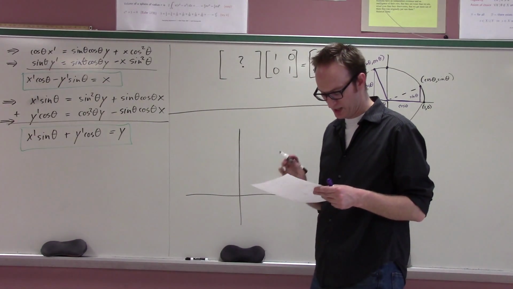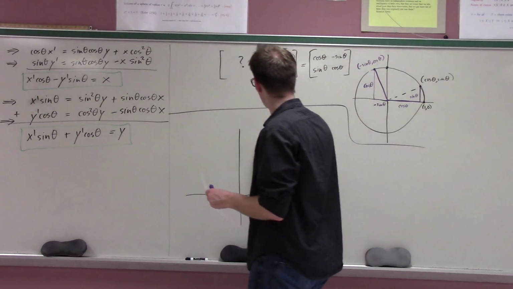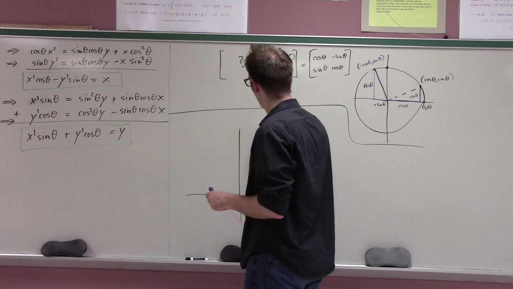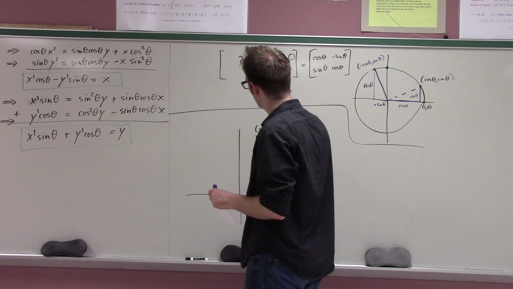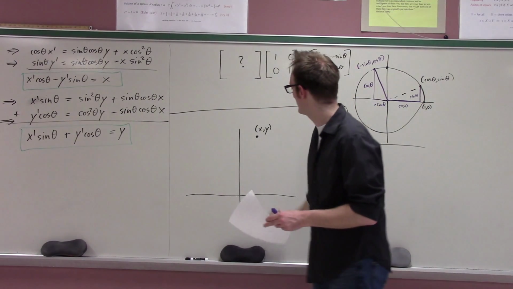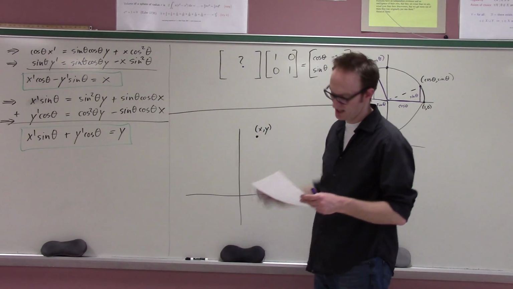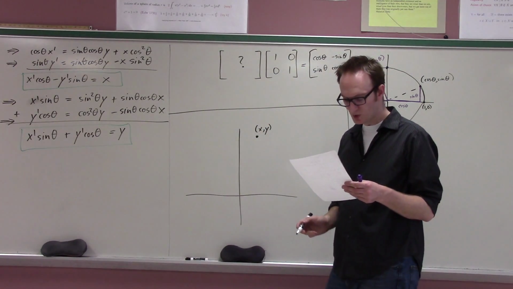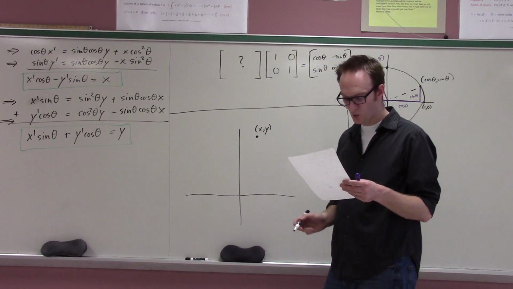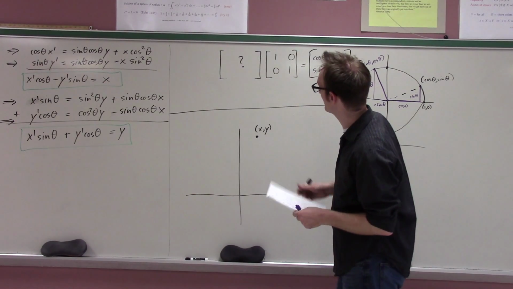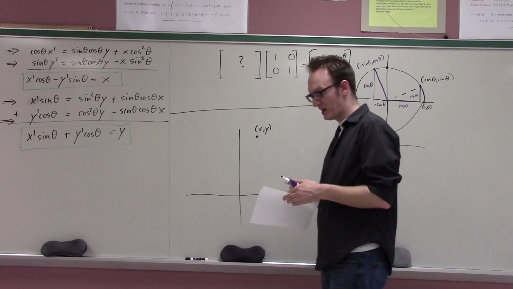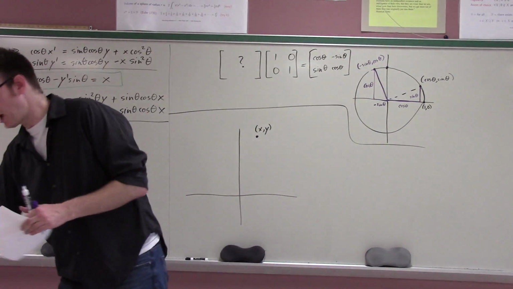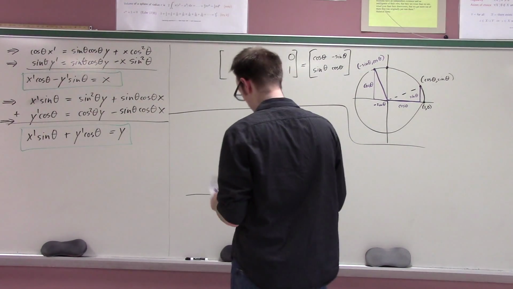So what is going on here? What's going on here is I have a point, and this point is x, y, which means I go over x and up y to get to that point. Well, let's suppose that I don't know the x and y coordinates of that point. What I do know are the x prime, y prime coordinates.